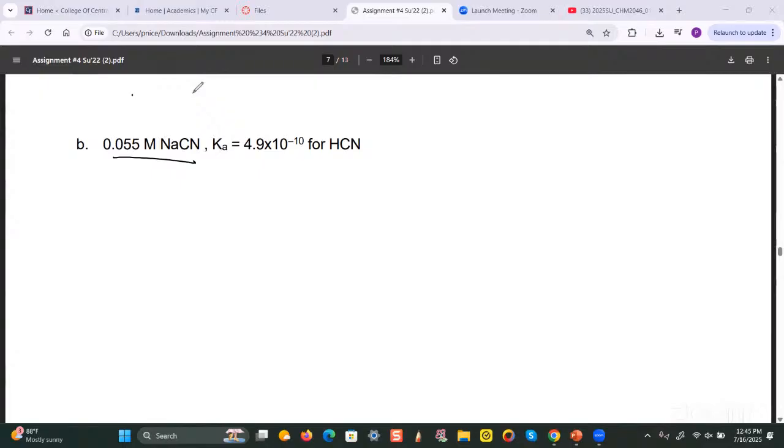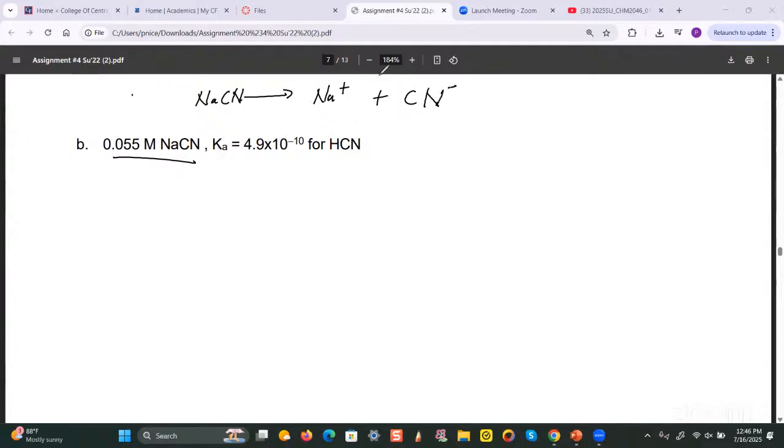What will happen is that the sodium cyanide will dissolve in water and undergo complete dissociation to form Na plus and CN minus. Keep making that mistake. Right?